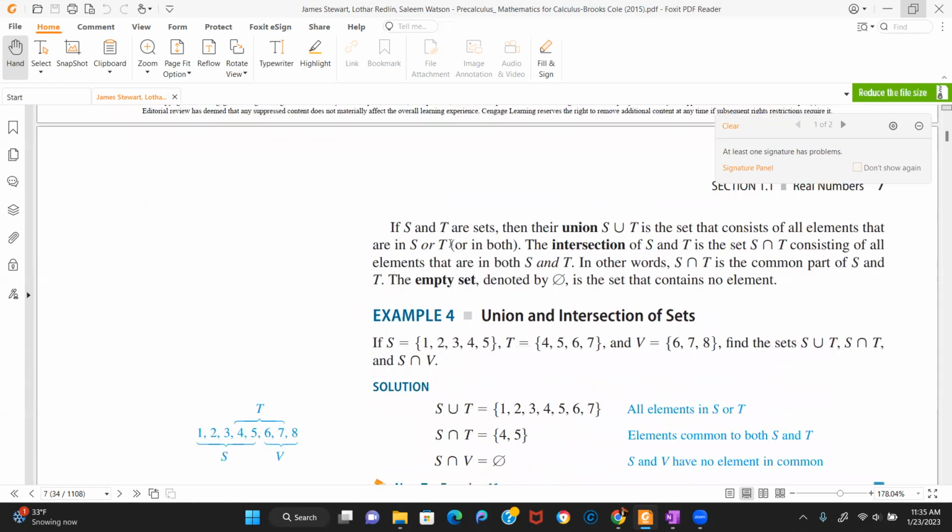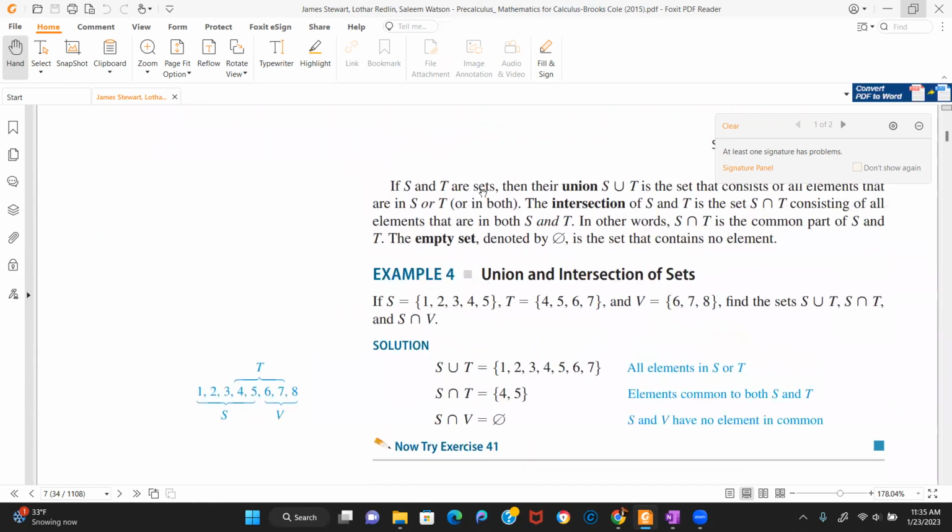Okay, so the next thing we talked about was union and intersection. Again, just to emphasize the point I made earlier, the set of real numbers comes with structure, addition and multiplication, and they have these properties of associativity, commutativity, distributivity.